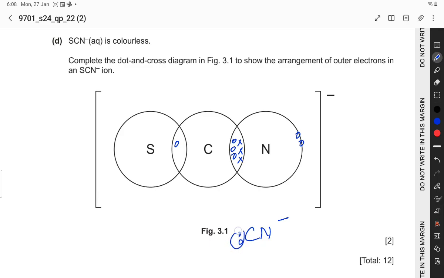So this whole pair is donated to the sulfur. Carbon gains an electron from another atom, so that's why it's carrying a negative charge. So this forms a bond with sulfur.